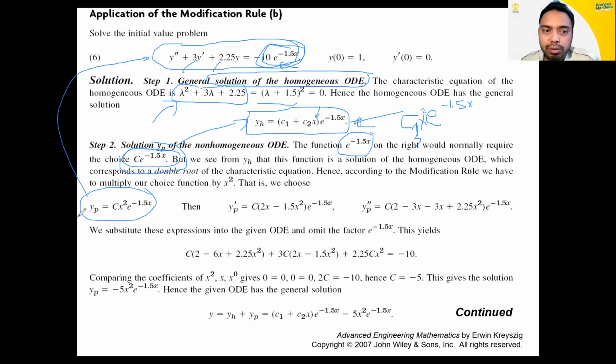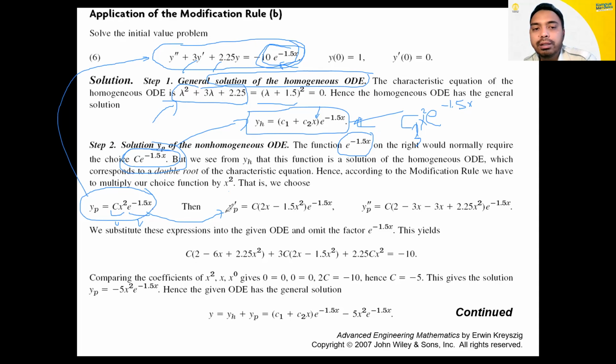So in this one, we need to have yp prime, which, if you differentiate this, will have 2x times c. This is just like, if you say this is u and this is phi, then u prime times phi plus phi prime times u, just like the derivative of a product of functions.